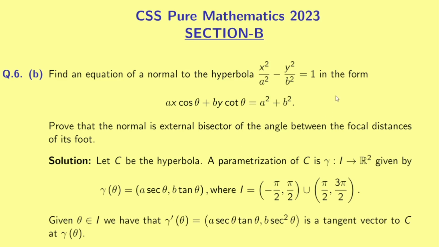For any theta in the set I, the derivative gamma prime of theta is: the derivative of a secant theta is a secant theta tangent theta, and the derivative of b tangent theta is b secant squared theta. So this is a tangent vector to the hyperbola C at this point gamma of theta.